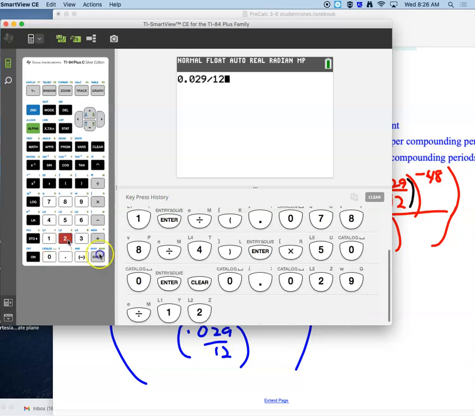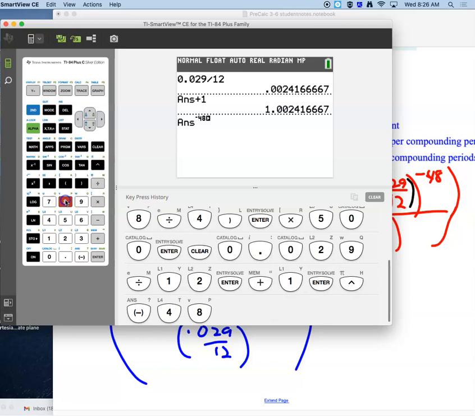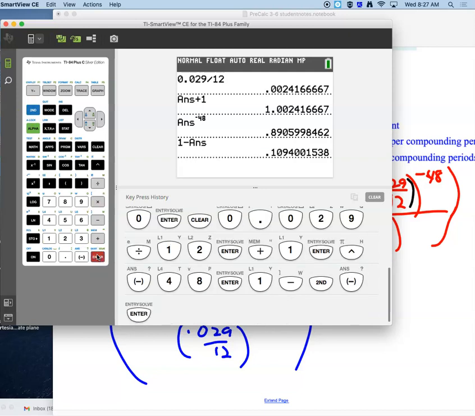Divided by 12, innermost parentheses, add the 1, raise that to the negative 48th power, and let's see, we need 1 minus what we just did. So you'll use the second negative key for the answer. Now finally, that's the numerator.